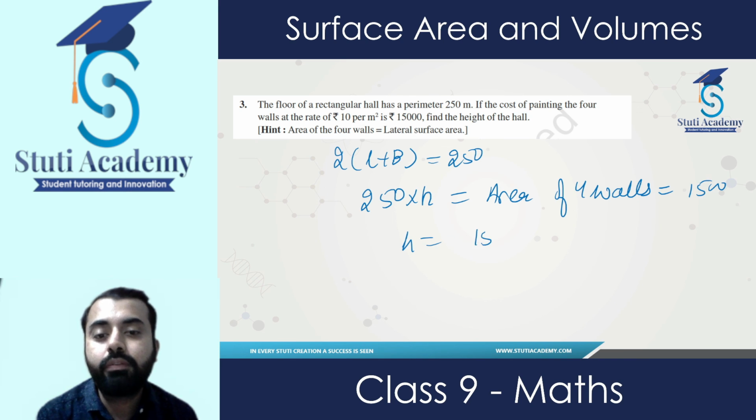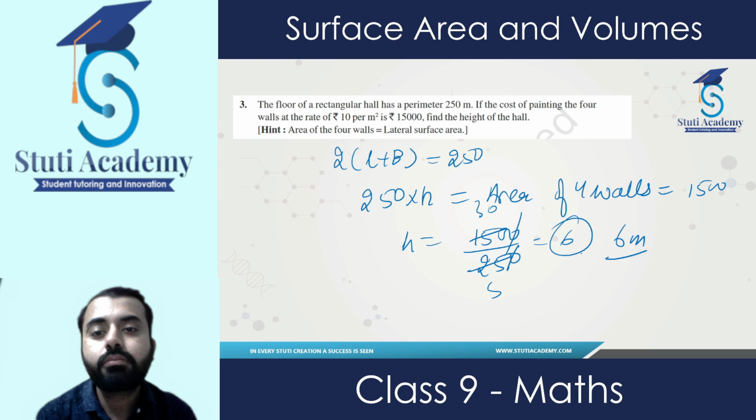Height will be what? 1500 divided by 250, cancelling this, you get 6 meter.